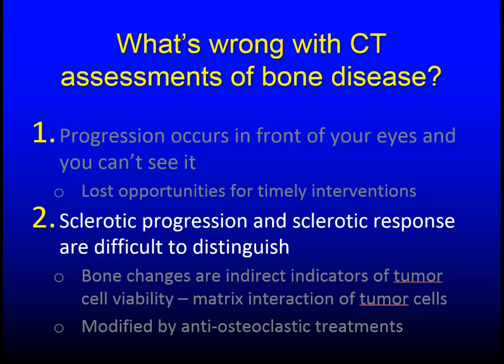Another one of the problems with CT scans is that sclerotic progression and sclerotic response are really difficult to distinguish, partly because the bone changes are indirect interactions between tumor cells and the matrix. And I just wanted to show you an example.